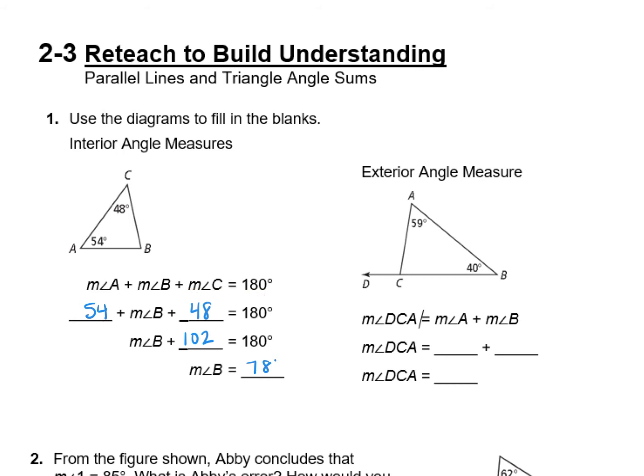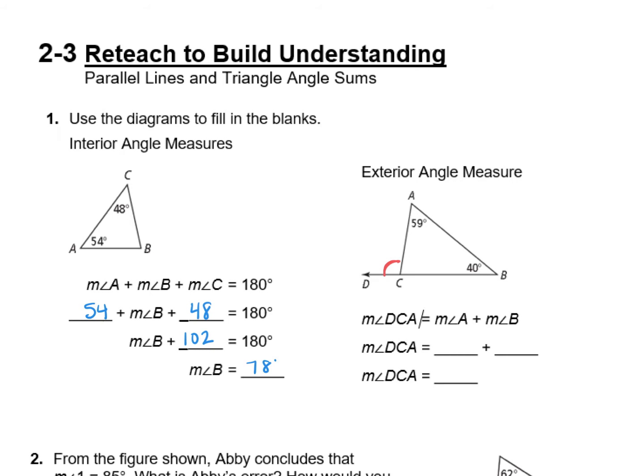We also learned about the exterior angle measure. So here, the exterior angle theorem, I think it was called: the measure of angle DCA. So let's make sure we understand where that is, D to C to A. We are looking at this angle right here.